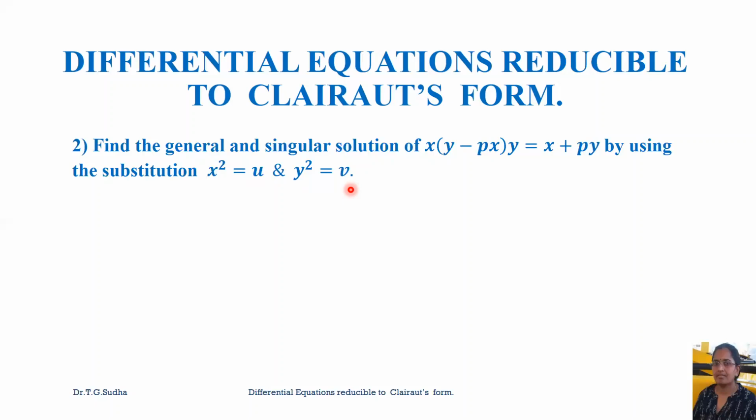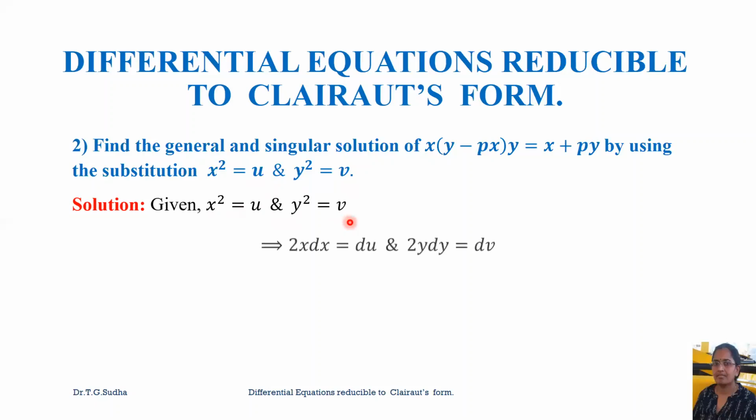So let us calculate what is that. So given x square is equal to u and y square is equal to v. Let us differentiate both. So we get 2x dx is equal to du and 2y dy is equal to dv. This is obtained on differentiating the substitutions.